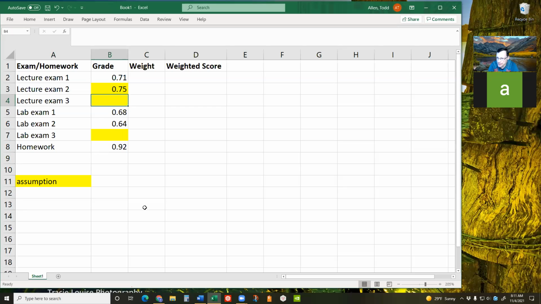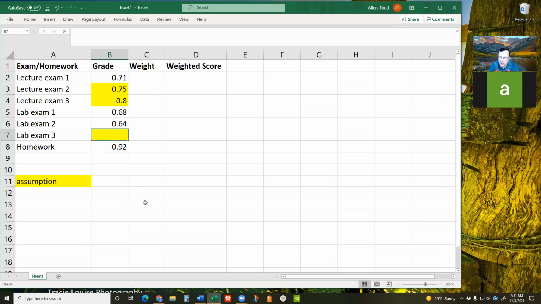You're going to have to do the exact same thing for lecture exam 3 because we haven't taken it yet. For lecture exam 3, I'm going to put in an educated guess of 80%. For lab exam 3, which is basically nervous system content, which we will start next week, you have to think about how well the lab exams have gone for you so far.